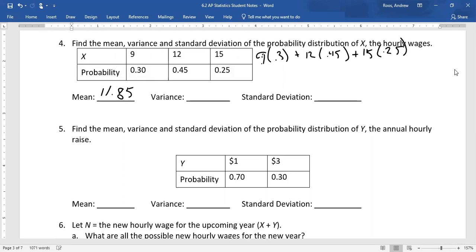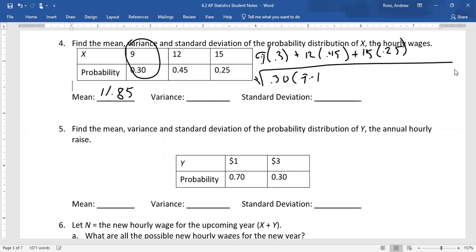Okay, so to calculate standard deviation by hand, standard deviation would be the square root of the probability times the distance from the mean squared. So just looking at the first one, data value X value 9 minus the mean squared. That would be 9 minus 11.85 squared, and then times the probability that goes with it.